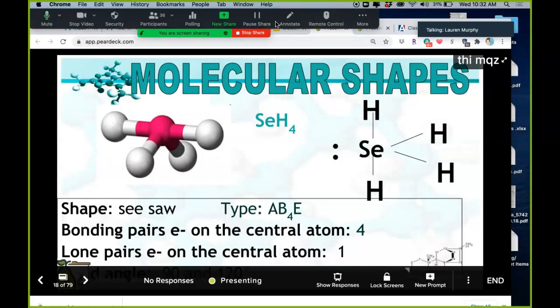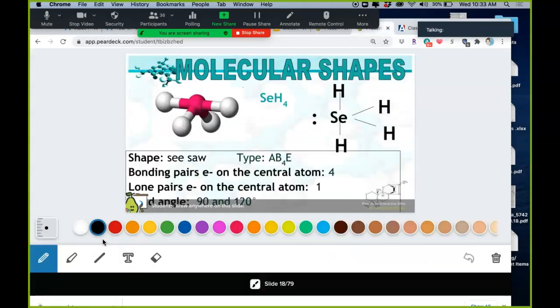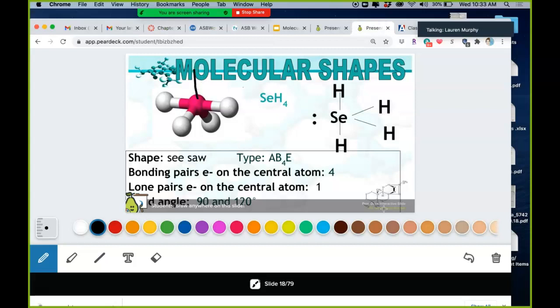Okay. So look, originally there was a bonded pair right here, and now it's gone, and there's just a lone pair present here. So they call this seesaw shape.